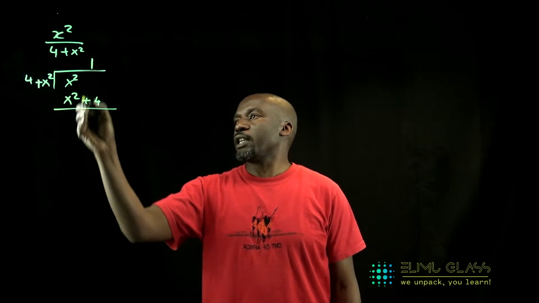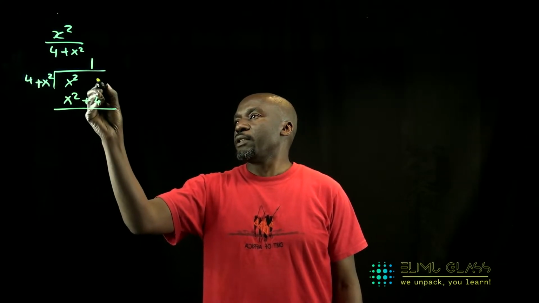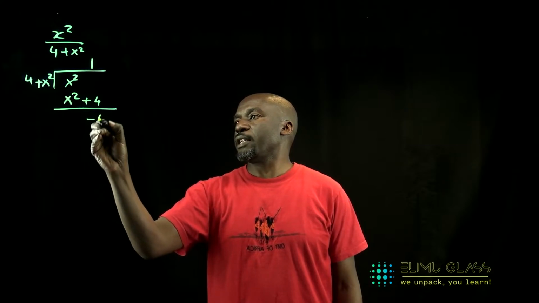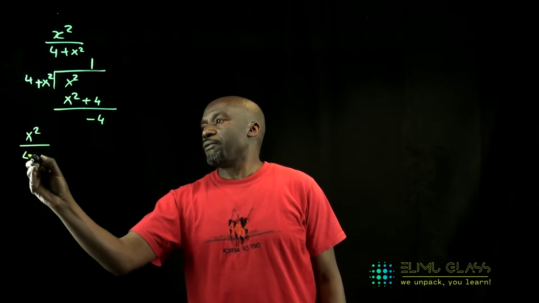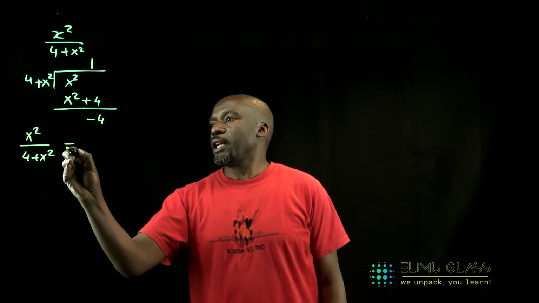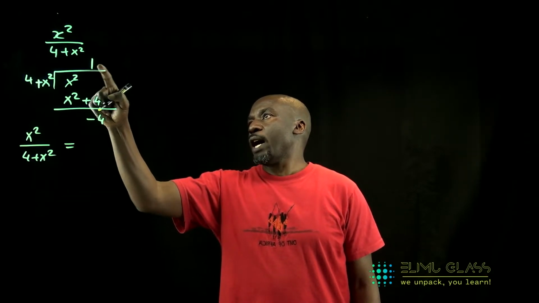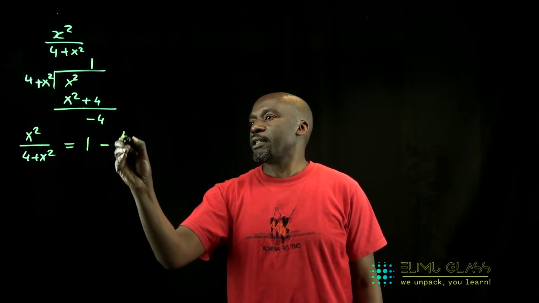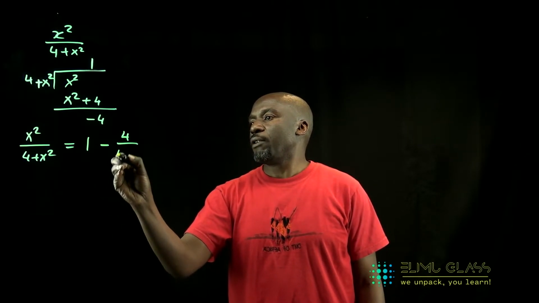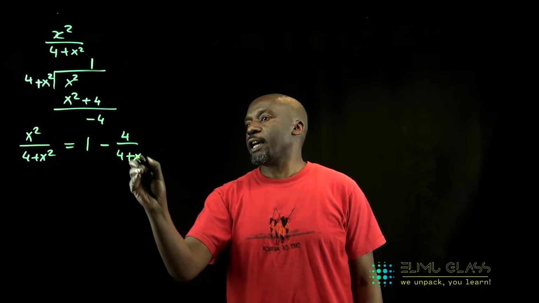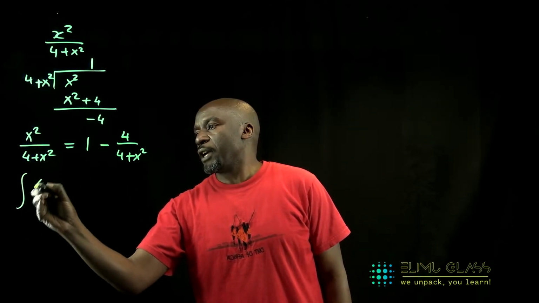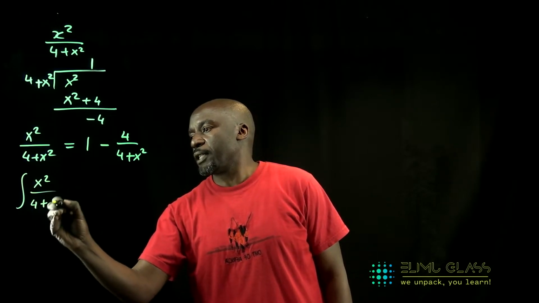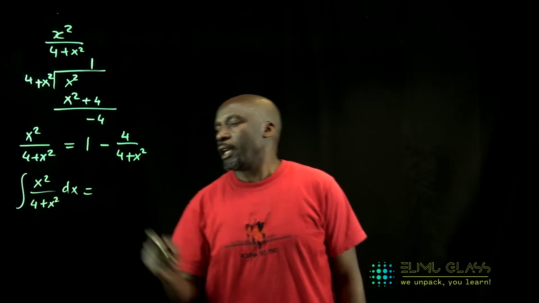If we subtract as before, this is 0, and 0 minus 4 is negative 4 there. So I can conclude that x squared over 4 plus x squared is the same as 1 minus 4 over 4 plus x squared.